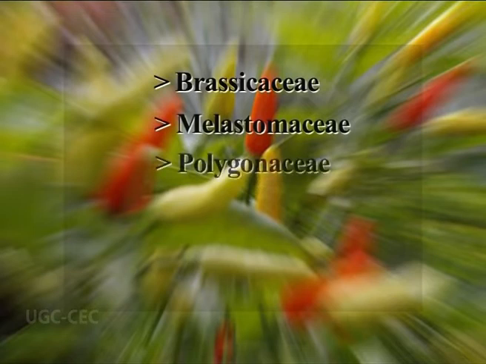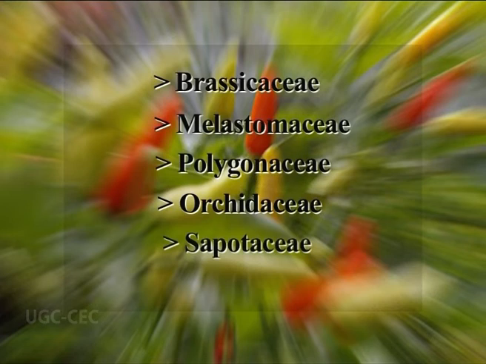Antipodals are altogether absent in the Oenothera type of embryo sac. Generally, each antipodal cell has a distinct and definite cell wall, but in many families such as Brassicaceae, Melastomaceae, Polygonaceae, Orchidaceae, and Sapotaceae, cell wall formation does not take place and the antipodal nuclei remain naked.